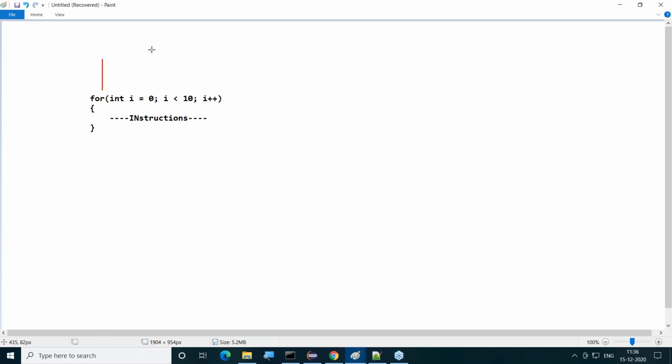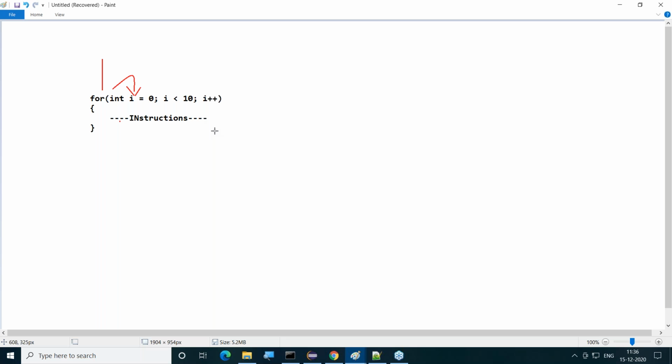What is the flow of execution for JVM here? First, JVM will come to expression 1. This is the declaration and initialization of the loop variable.